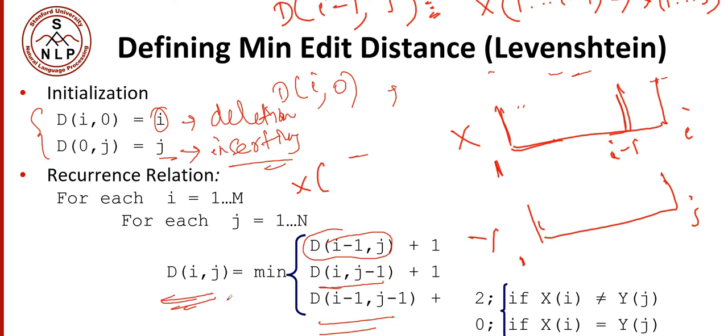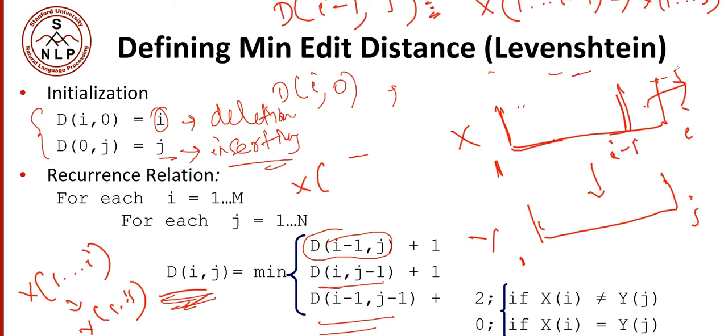Now D(i,j) means we need x[1..i] to y[1..j]. Already we have calculated x[1..i-1] to y[1..j]. If we have an additional character here, in order to transform this to this, we need to perform a deletion operation, and that is given by this plus 1.